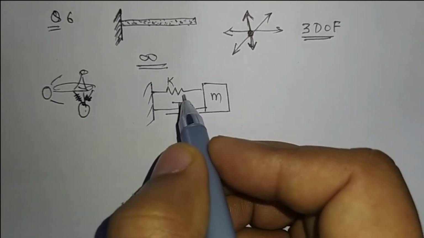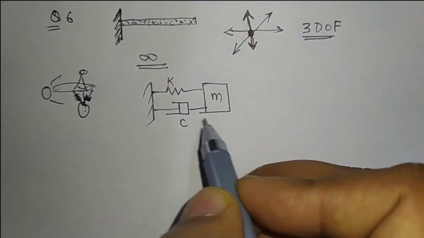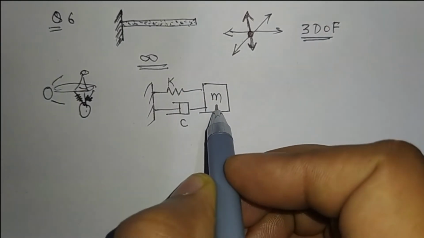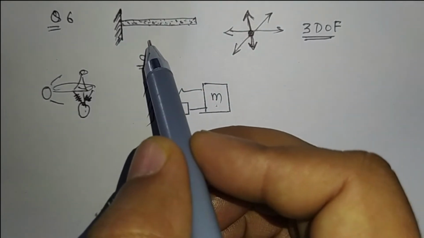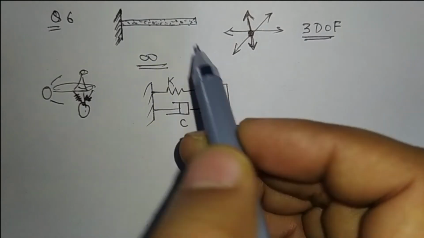So here we can see the damping, stiffness, and mass separately, but in any continuous system these things are dispersed, meaning they are everywhere.